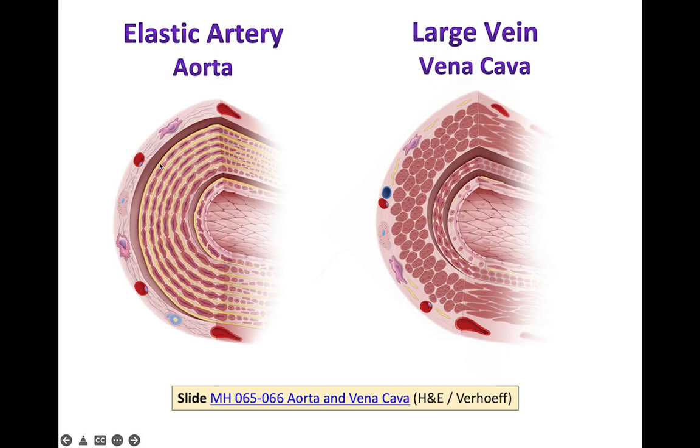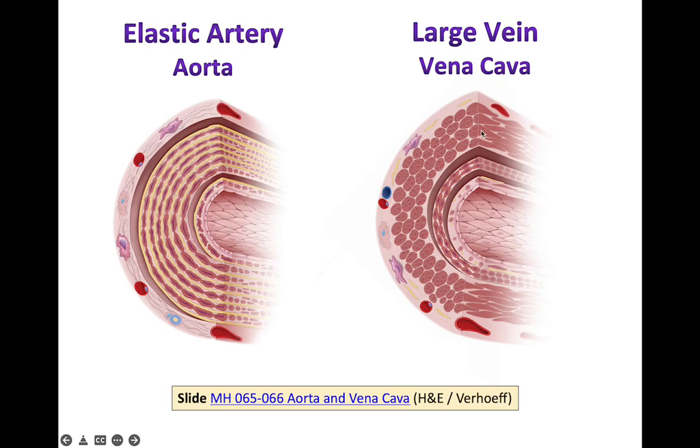And there is also an external elastic lamina. And the tunica adventitia is relatively thin and typical. It's a connective tissue. It contains vasa vasorum and nervi vasorum, and it also contains fibroblasts, collagen, and elastic fibers.